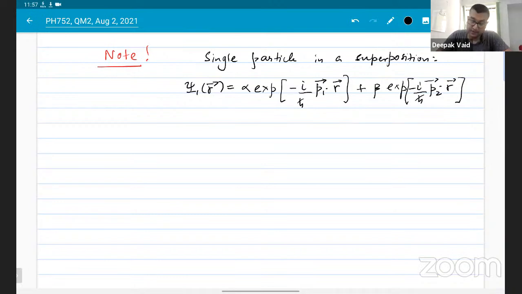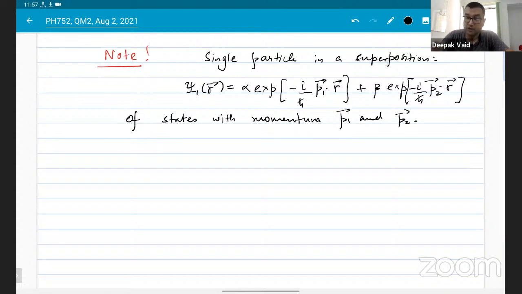So what is this? This is in a superposition of states with momentum P1 and P2. Okay. So what is this? This is a single particle, but the momentum of this particle is not well defined because it's in a superposition of two different momentum eigenstates.